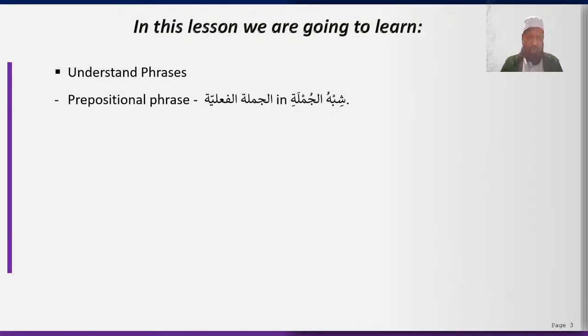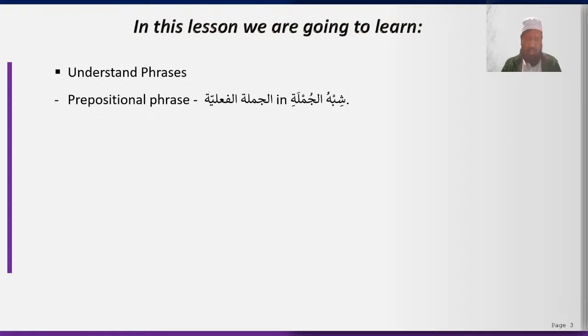In today's lesson, we'll look at the prepositional phrase شبه الجملة in الجملة الفعلية. In the last lesson, we looked at شبه الجملة coming in الجملة الاسمية. It only comes in a خبر. شبه الجملة is made of ظرف and jar and majrur.